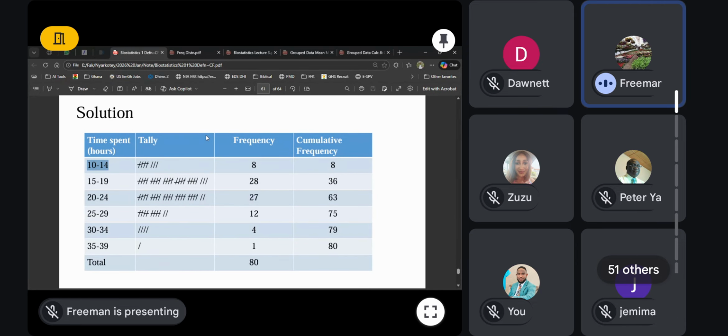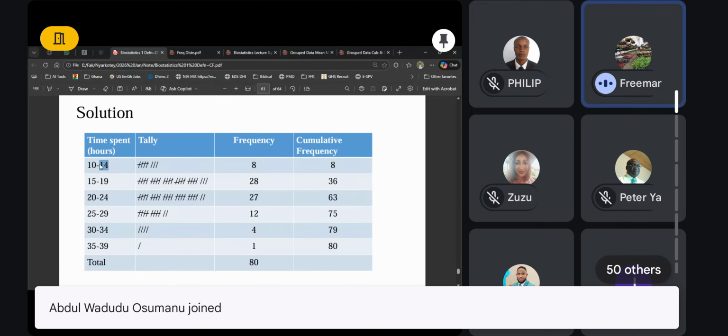So the size of this class is 5. It's the same as subtracting the lower class boundary from the upper. For the lower class boundary, we subtract 0.5 from 10, and that gives you 9.5. For the upper class boundary, you add 0.5, so that gives you 14.5. When you subtract 9.5 from 14.5, you get the same 5.